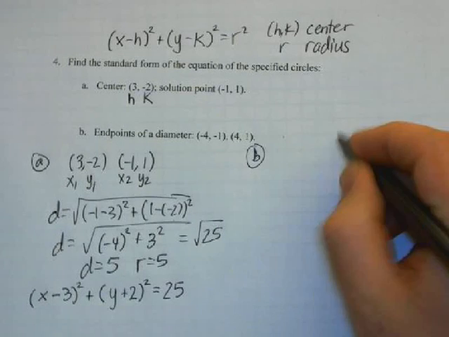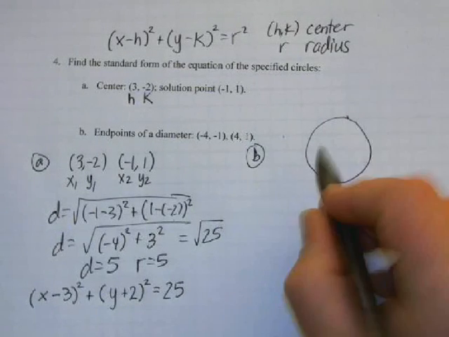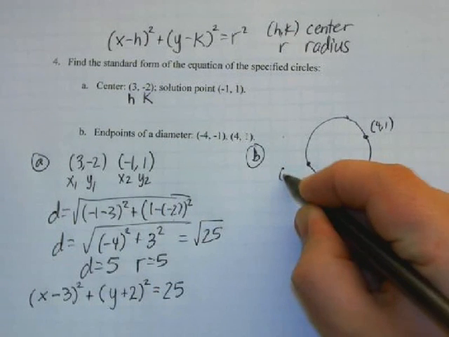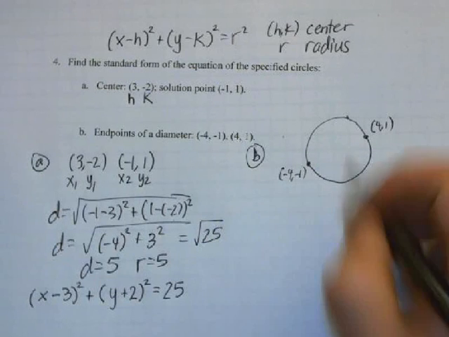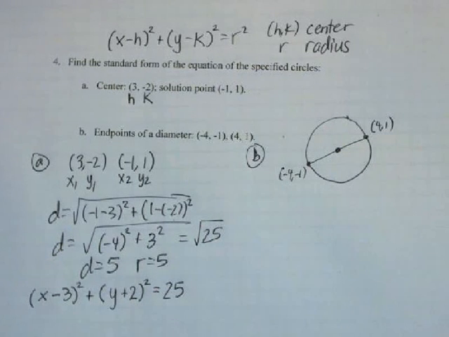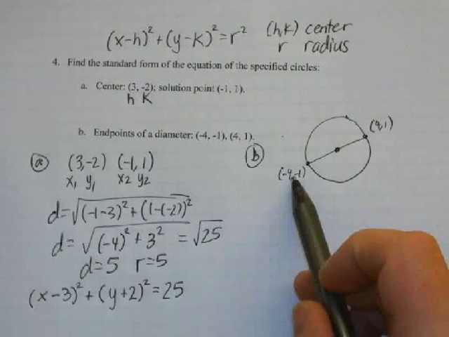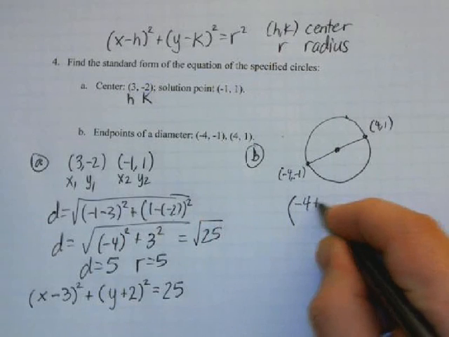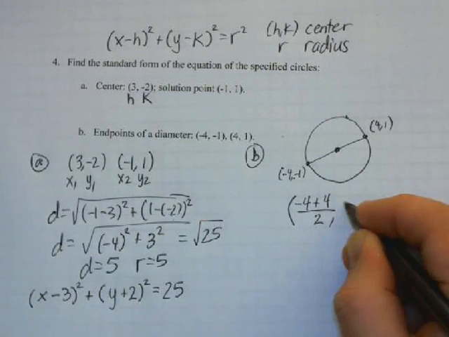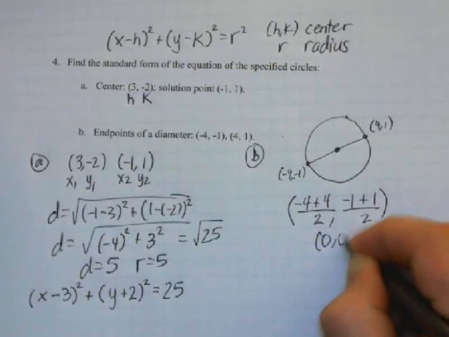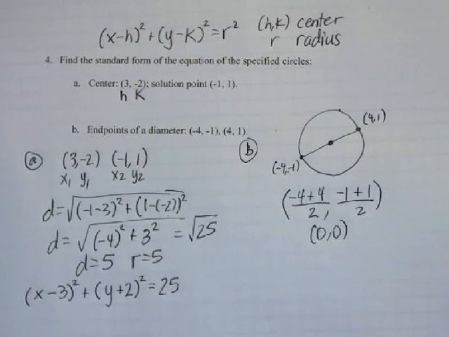For B, I'm given the endpoints of a diameter. And I know that the center of the circle is simply the midpoint of that diameter. So to find the midpoint, I could use the midpoint formula. And the center is at 0, 0.